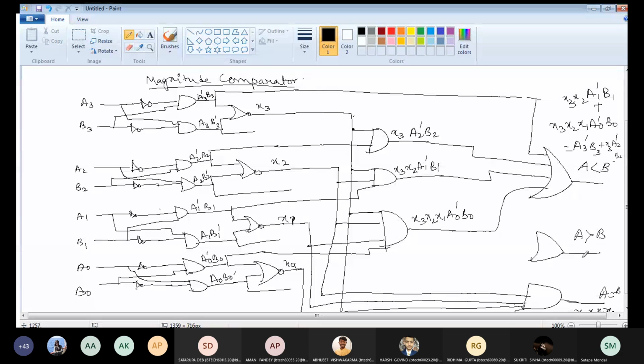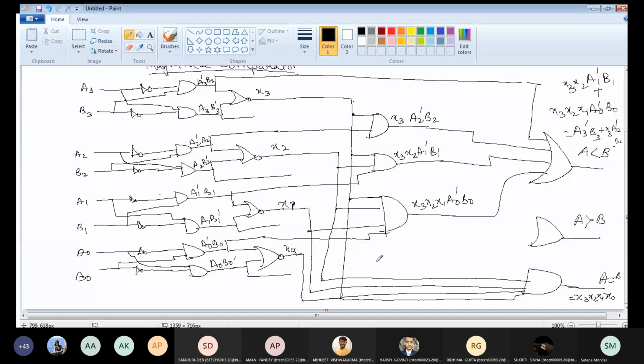So what will be the equation for A is greater than B? That will be A3 B3 dash plus X3 A2 B2 dash plus X3 X2 A1 B1 dash plus X3 X2 X1 A0 B0 dash. So all the values are here.